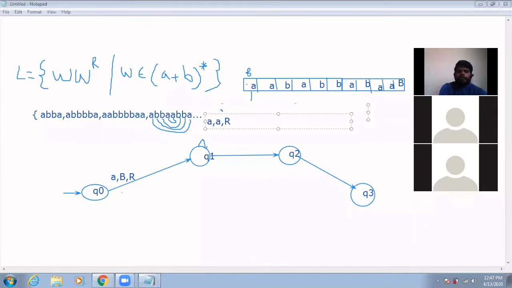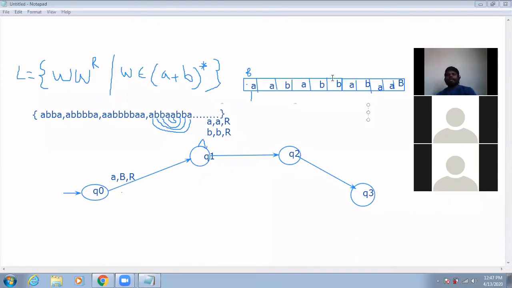Similarly for any number of B's, you keep B and move right, until you encounter a blank.